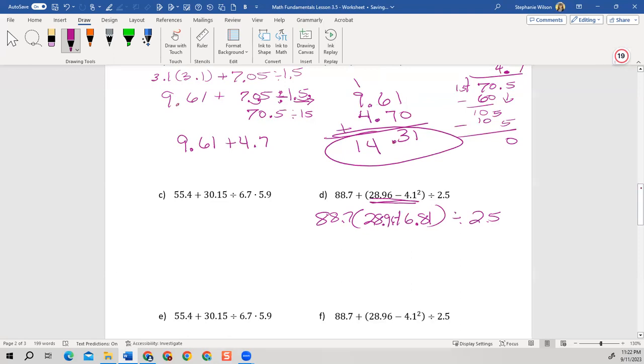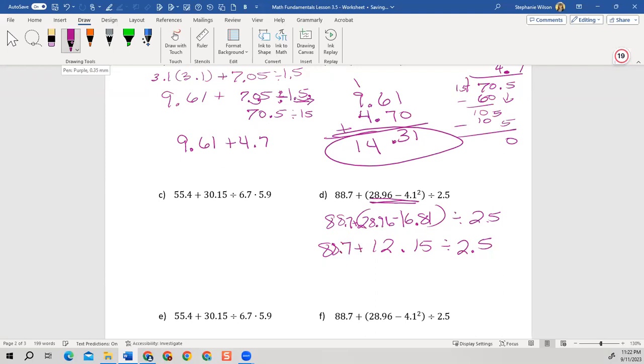So now in this parentheses, and this is one reason why you don't want to write sloppy, let me clean that up for you. There we go. Inside the parentheses, we got 12.15 after we did the subtraction. Remember, line up the decimals whenever you add and subtract.